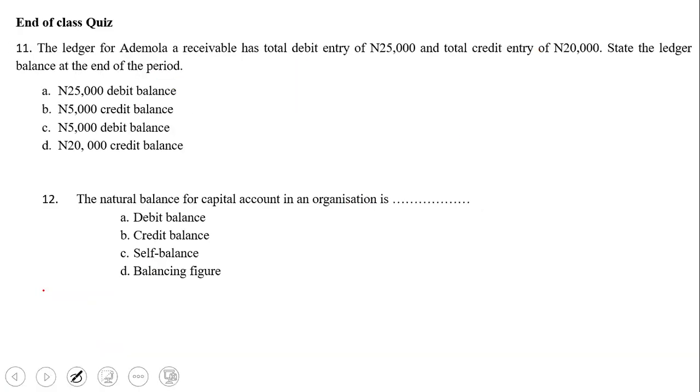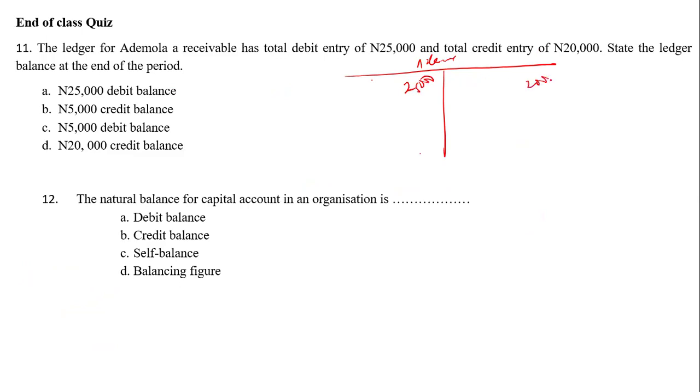Now let's see any other question. Yes, we still have one more. The ledger of Ademola, a receivable, has a total debit of 25,000 and credit of 20,000. The sales ledger will now have what balance? You quickly draw a ledger here. He has a total debit side of 25,000 and on the credit side he has 20,000.